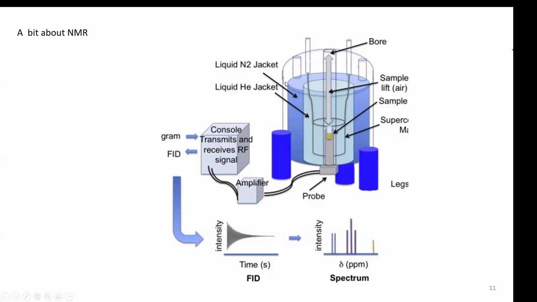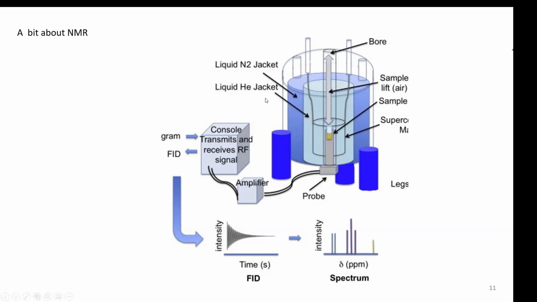The outside jacket, well, the very first jacket, so the empty area between the purple and the outside, that's vacuum. And then the purple is liquid nitrogen. So liquid nitrogen is very cold. At 1 atmosphere pressure, I think the boiling point of liquid nitrogen is something around 70 to 80 Kelvin, roughly minus 200 degrees C. That's very cold.